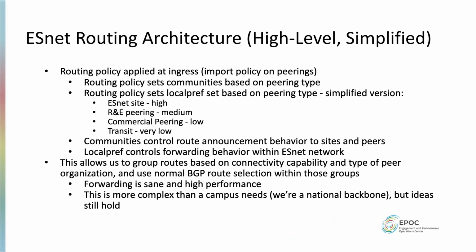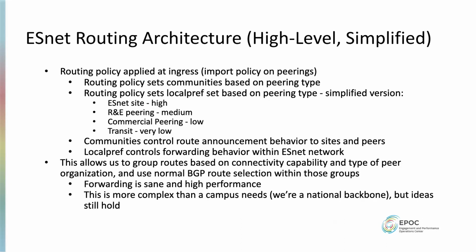So from a backbone perspective, there's a set of tools that you have to manage this sort of stuff, and ESnet gets pretty complicated and pretty involved in this. We use BGP communities, which you're going to hear about. We tag routes when we bring them in based on attributes of the peering session that we use to get the route.